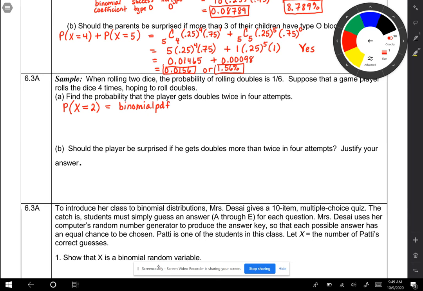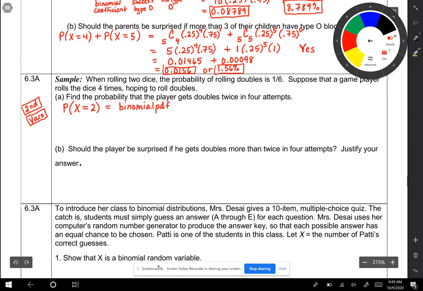So you go to second, you go to your distribution menu, and to get that, you press vars, and you scroll all the way down until you see Binomial PDF. And then you will be given prompts, and you're supposed to enter numbers in these prompts. And so the first one is, and it'll say the word trials.